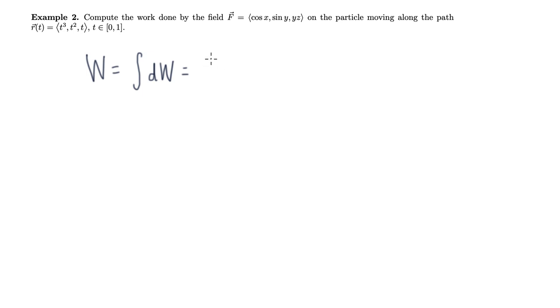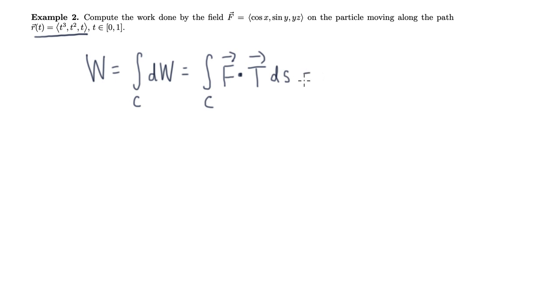Okay, and what is a small work element? Well, I take the component of the vector field that lies in the tangential direction, or in the direction of motion, and then times a small little change along the tangential direction, like that. Okay, and that's along the curve, of course, that's given by this parameterization.